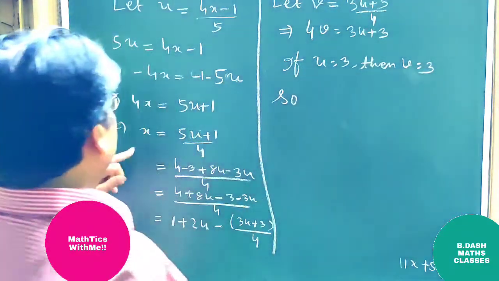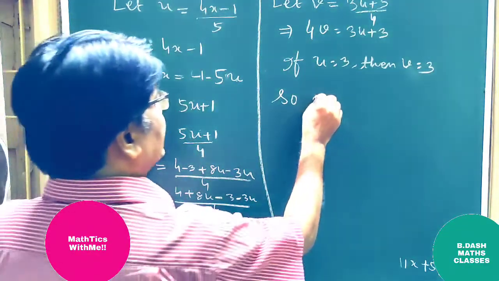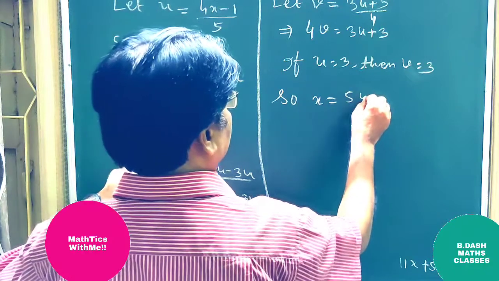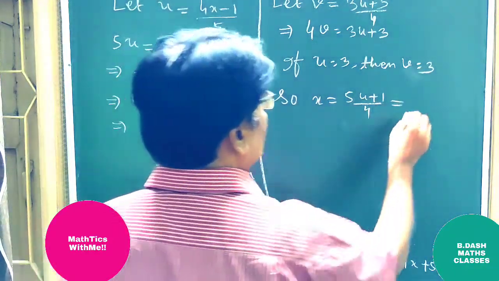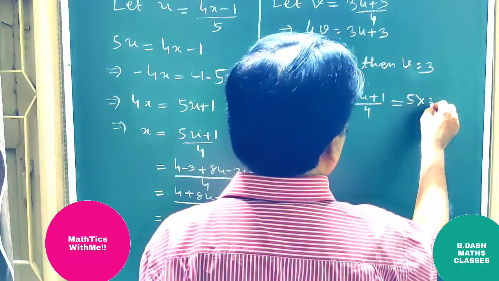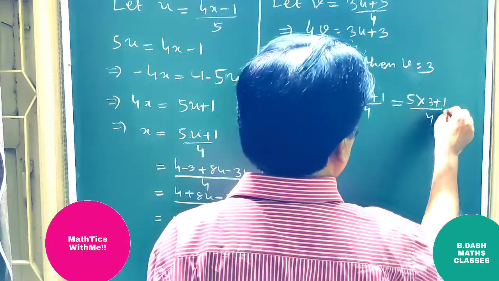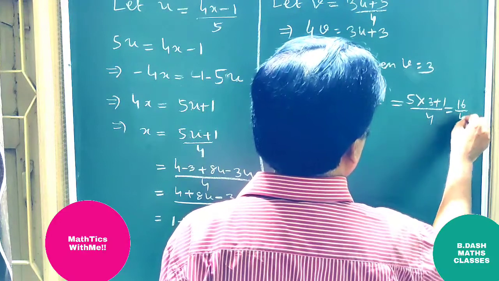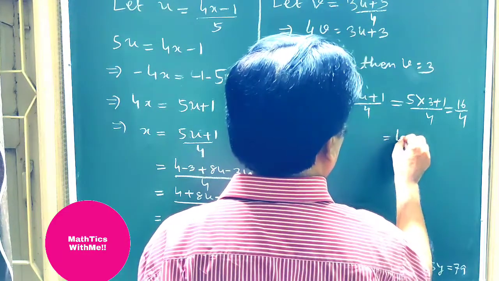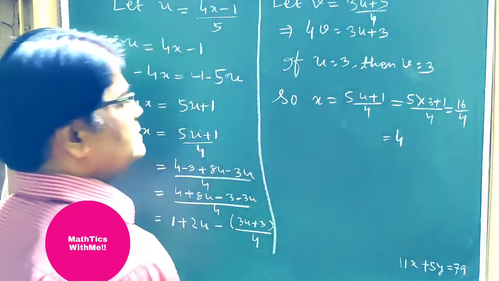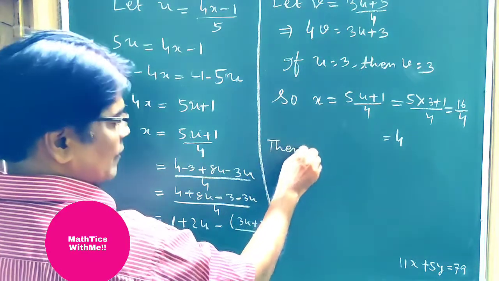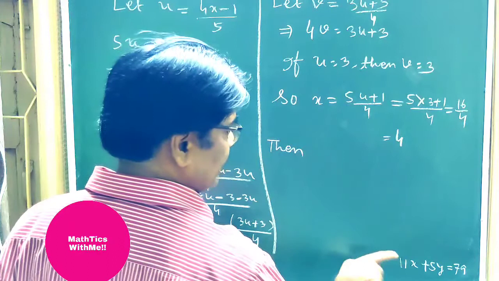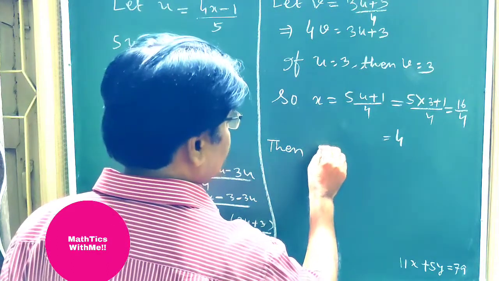So in that case, x becomes equal to 5u plus 1 by 4, which is equal to 5 into 3 plus 1 by 4. This is equal to 16 by 4, which is equal to 4. So we get x is equal to 4. Then the question is 11x plus 5y is equal to 79.